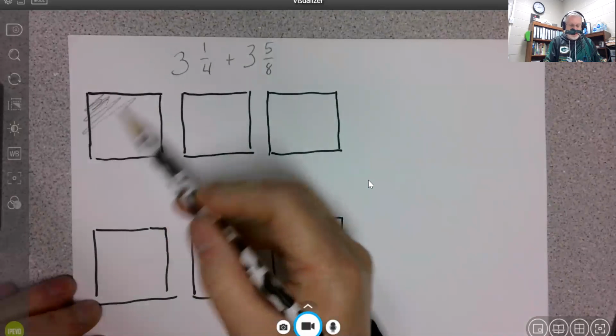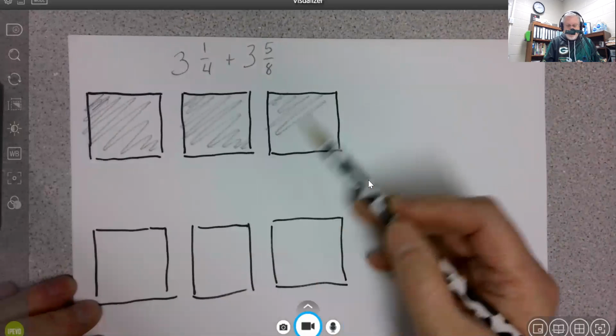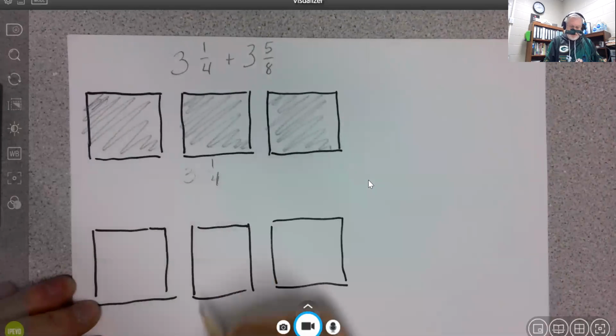Again, I'm just going to lightly shade. And I'm going to say that this is 3 1/4. And this on the bottom is 3 5/8.